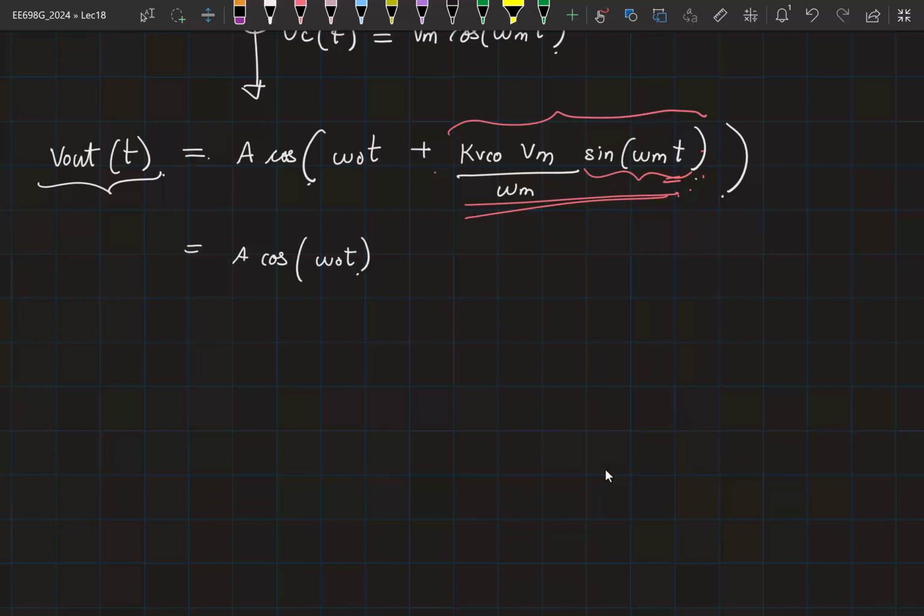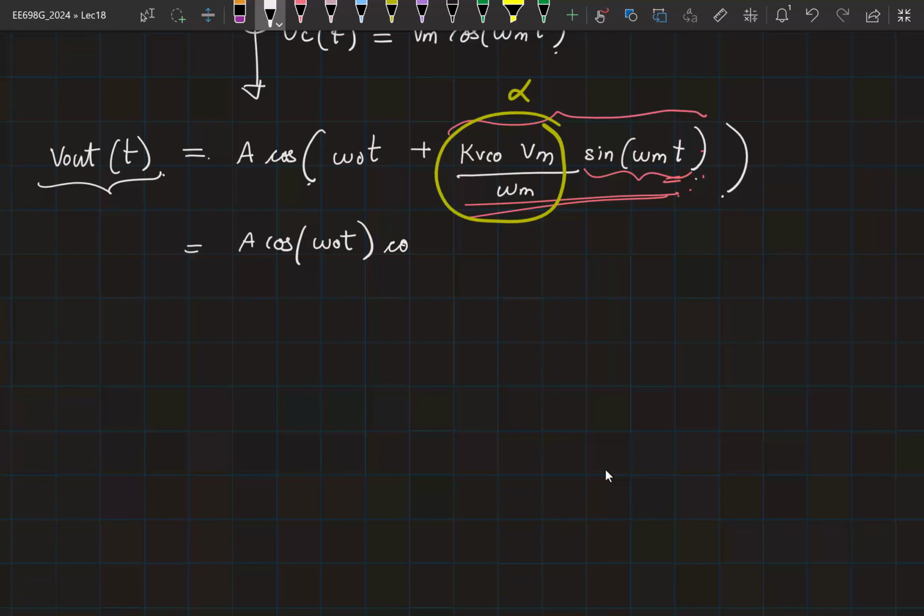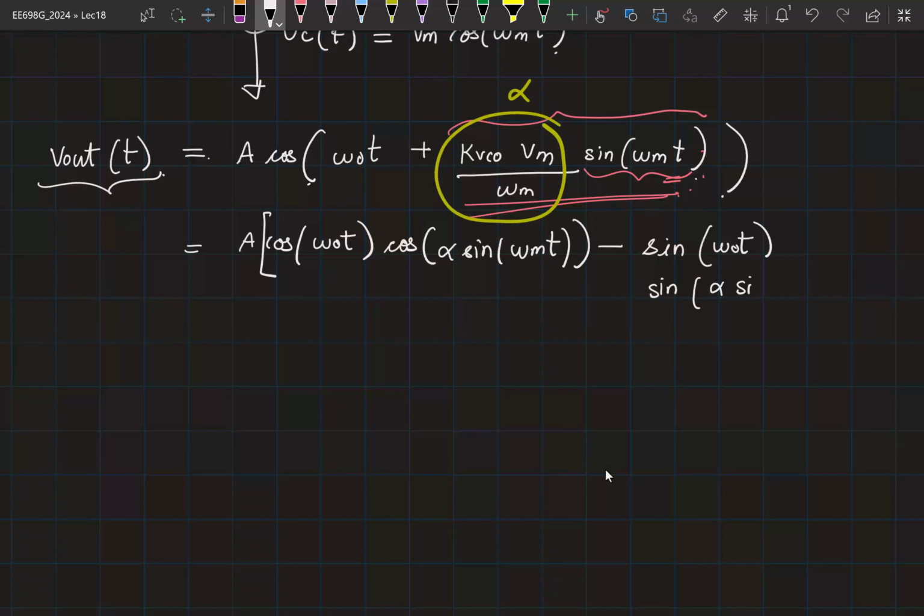Yeah. So now I can expand the cosine term. I am going to call this term some alpha. This gives you A cos(omega naught t) into cos(alpha sin omega m t) minus A sin(omega naught t) into sin(alpha sin omega m t).